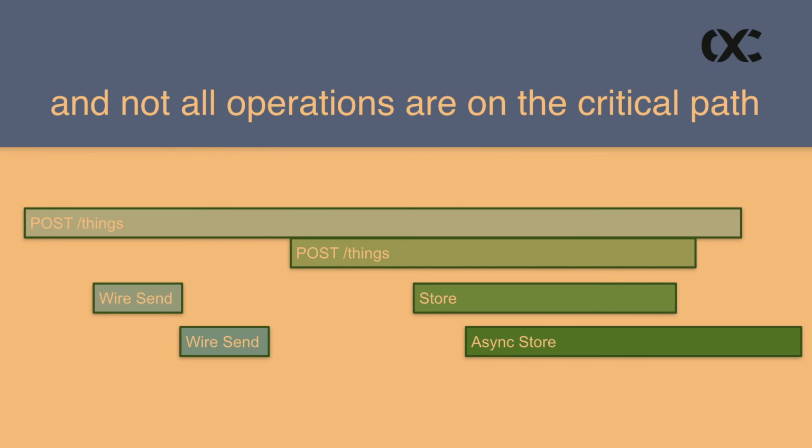When we look at the breakdown for this, in this case a waterfall view of sorts, we could see that maybe this POST on the client side had redundant operations trying to send this thing across the wire. And maybe that's a problem because it should have only gone once.